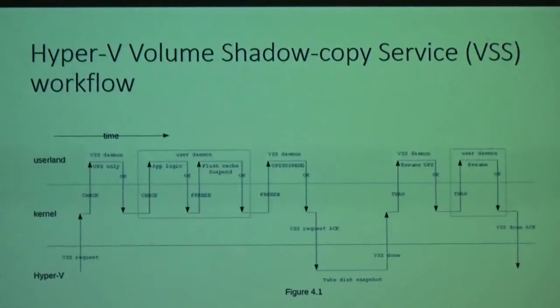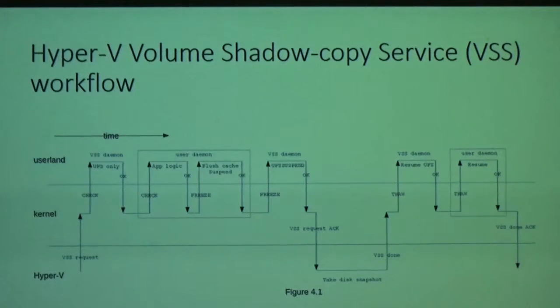So the whole thing works like this. There's a lot of message communication. For example, once you have clicked the button to do the volume shadow copy service, Hyper-V will tell the kernel, I'm going to start. Then the kernel will send the message to the user land. For example, if you have UFS mounted, then a default user land daemon will say, okay, we are going to do the VSS.